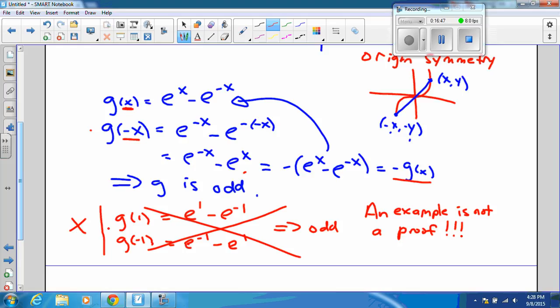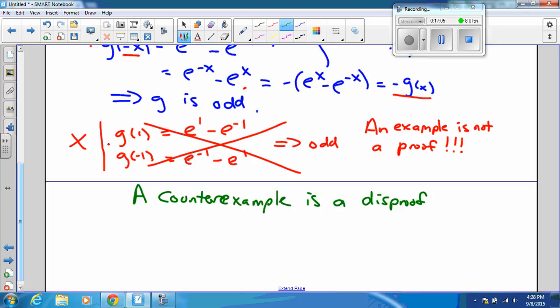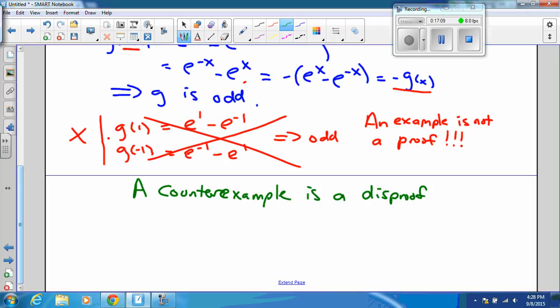Now, having said that, a counterexample is a disproof. So, for example, suppose I make a claim that is false.